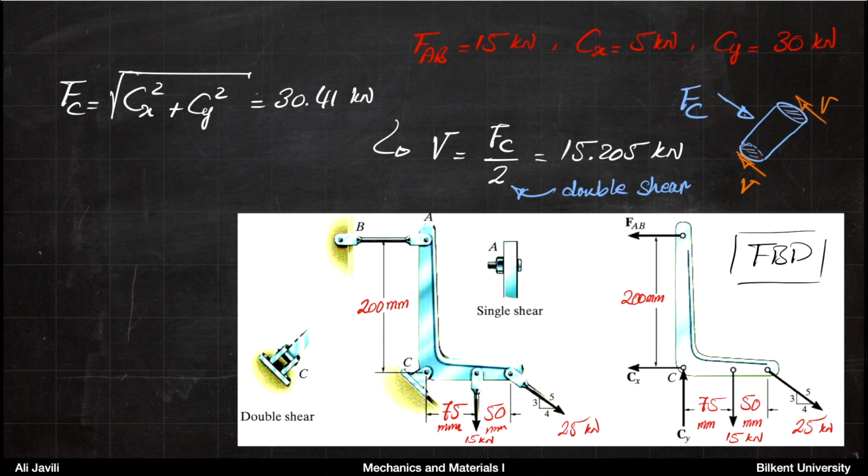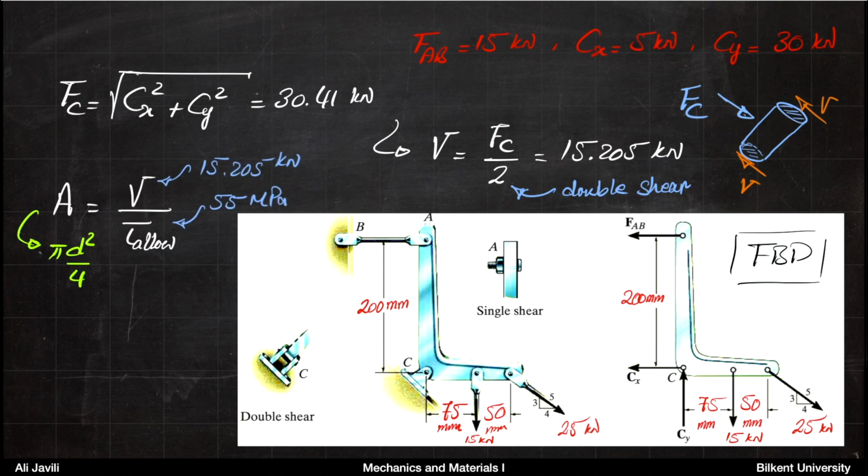So the force is distributed on the two sides, and that tells you that the shear force of the pin is half of the total force that the pin should carry on each surface. So you get almost 15.2 kilonewton for the shear force on each side of the pin. So V would be 15 kilonewton.